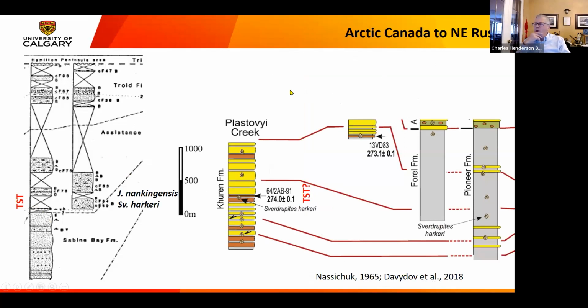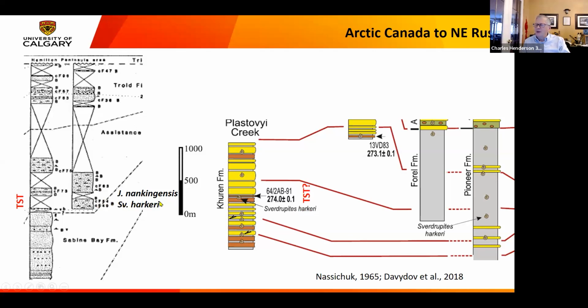Now there's another place where this is a paper by Vladimir Davydov and others, including Mark Schmitz, for example, that did some beautiful geochronology, and in the section they had an ammonoid species called Sphaerogyropides harkeri. Now you don't find this Sphaerogyropides harkeri in South China, but you do find it in the lower part of the Assistance Formation in the Canadian Arctic.